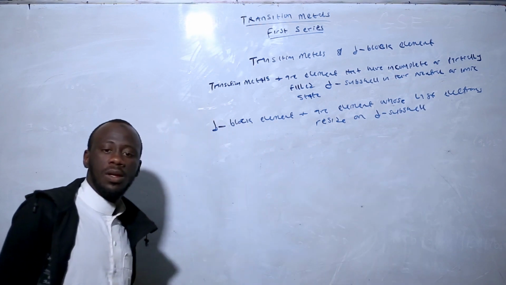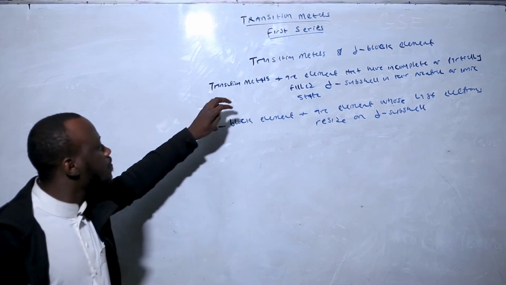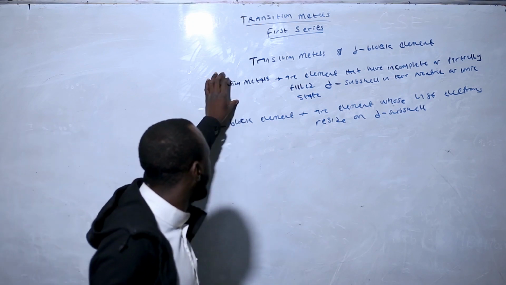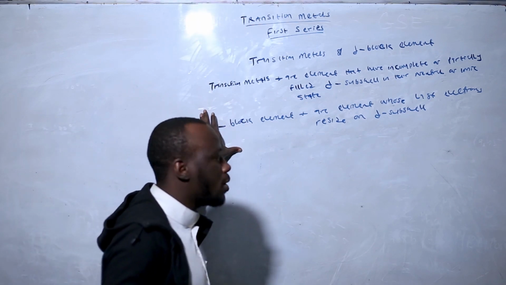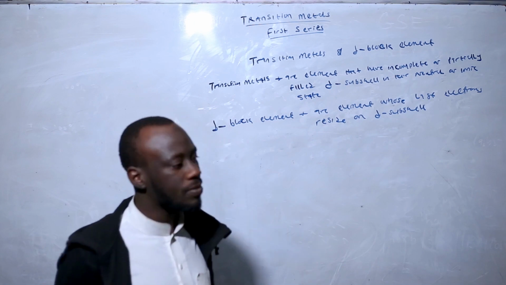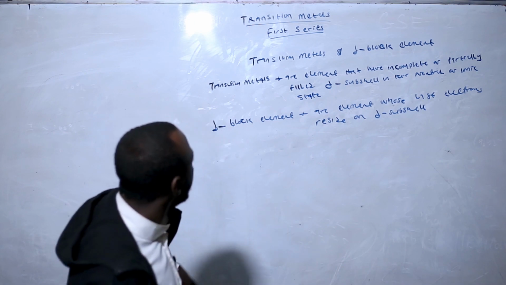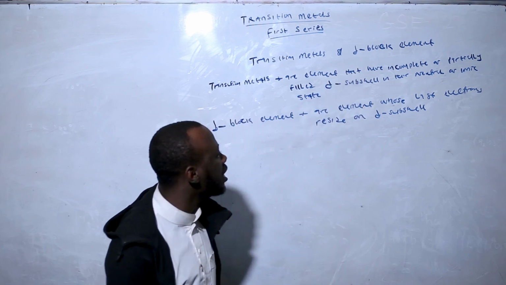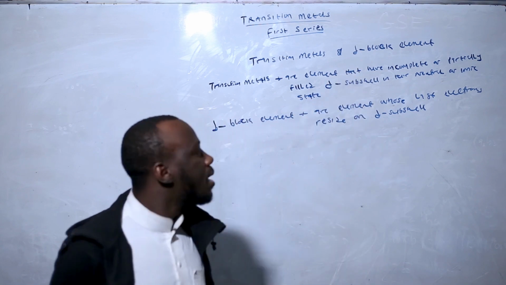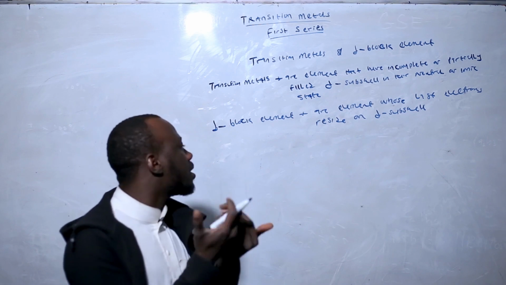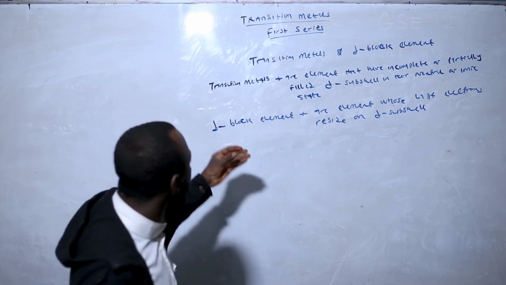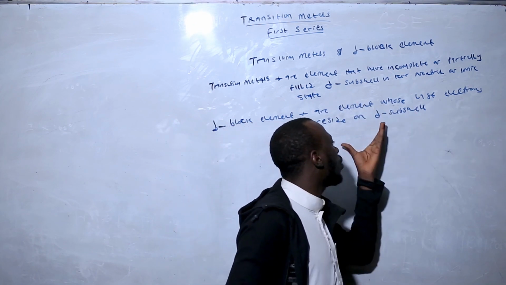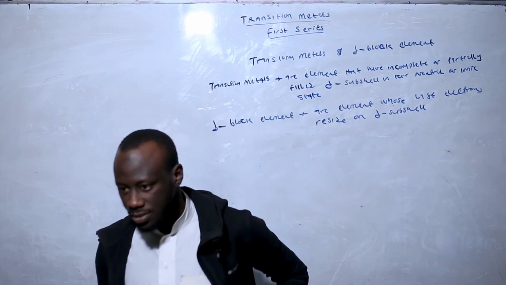So now, with these two definitions, we can clearly understand that these two terms, transition metals and d block element, are not the same. Transition metals are elements that have incomplete or partially filled d subshell, either in their neutral or ionic state, while d block elements are elements whose last electron resides on d subshell.